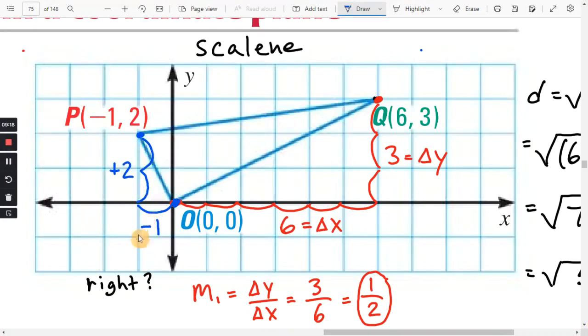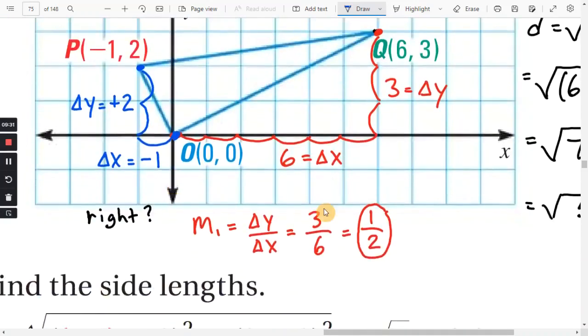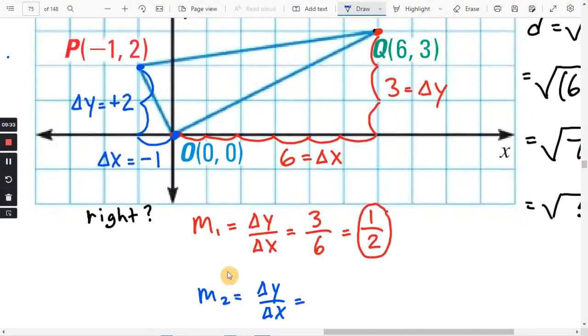So left, right is the change in x, and up, down is the change in y. All right, so the slope of this other line here: change in y, we said positive 2. Change in x, we said -1. And 2 divided by -1 is -2.